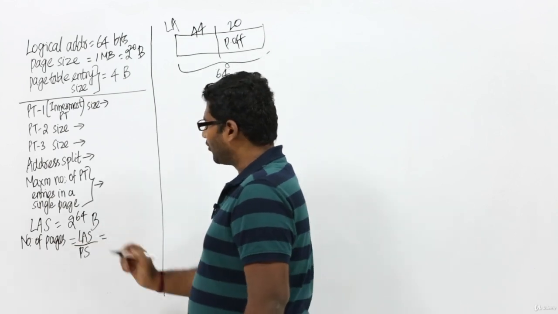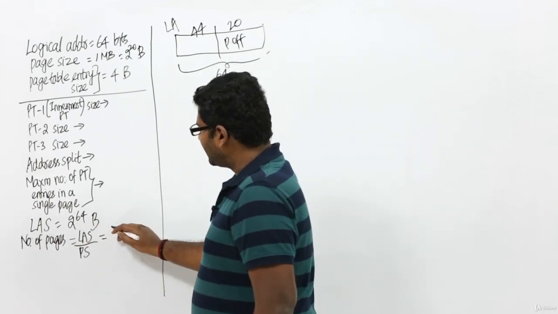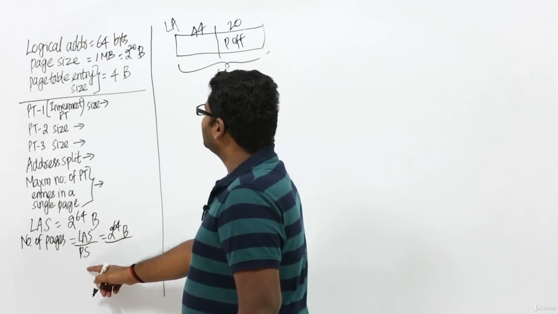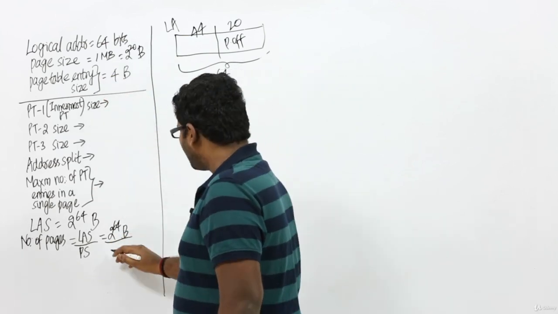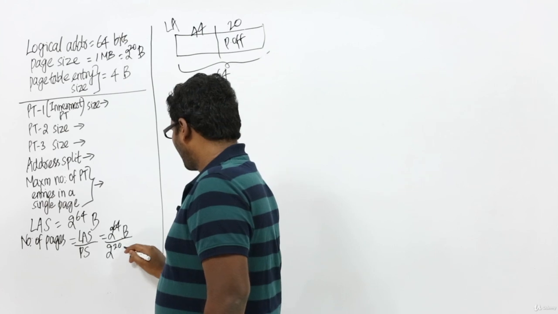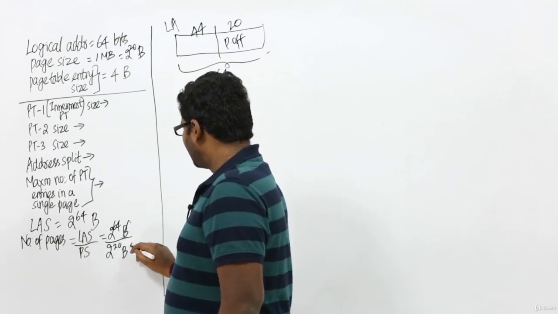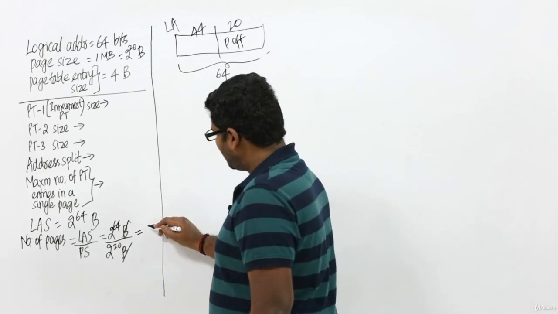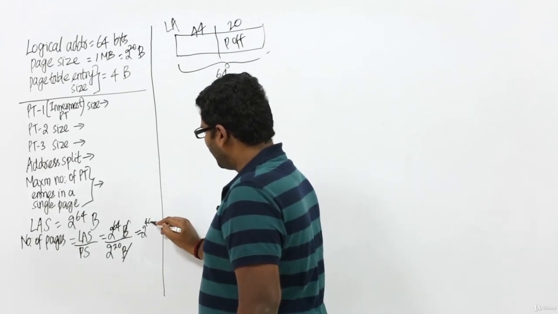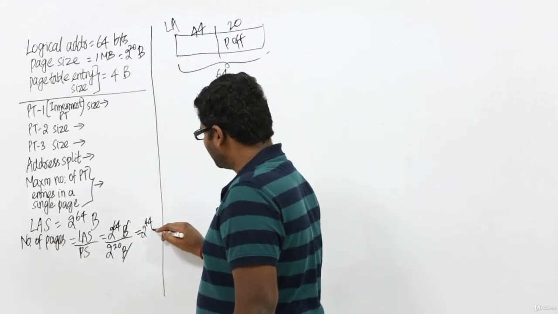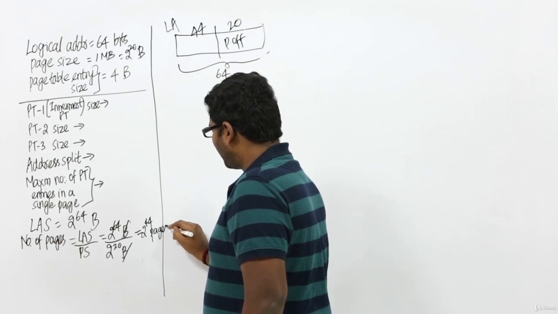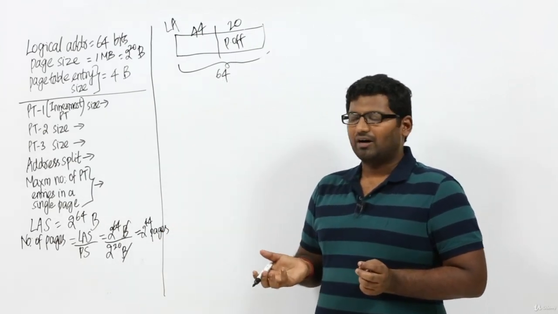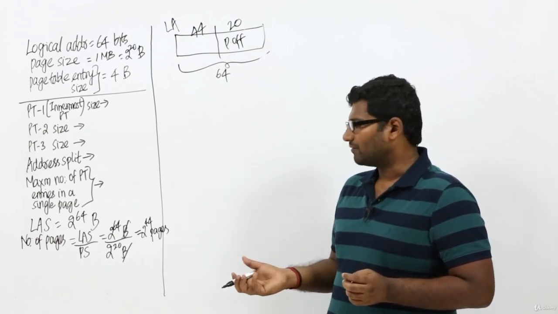We have already seen this formula. Bytes and bytes will get cancelled. 2 power 64 divided by 2 power 20 is nothing but 2 power 44, and it is the number of pages, so I am writing it as 2 power 44 pages. This is the total number of pages our process has.